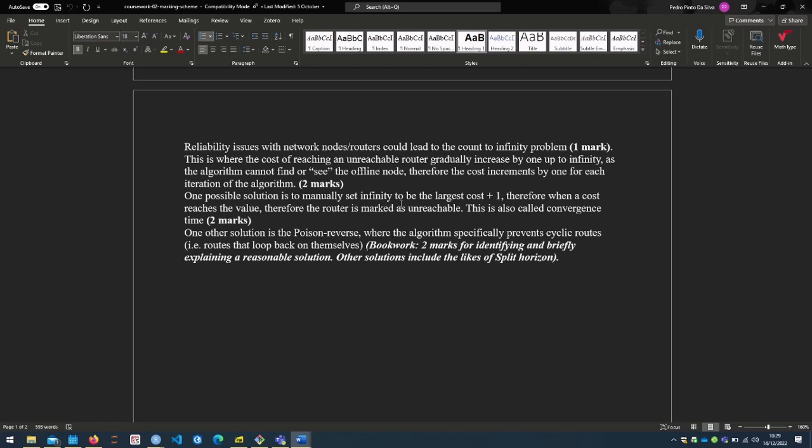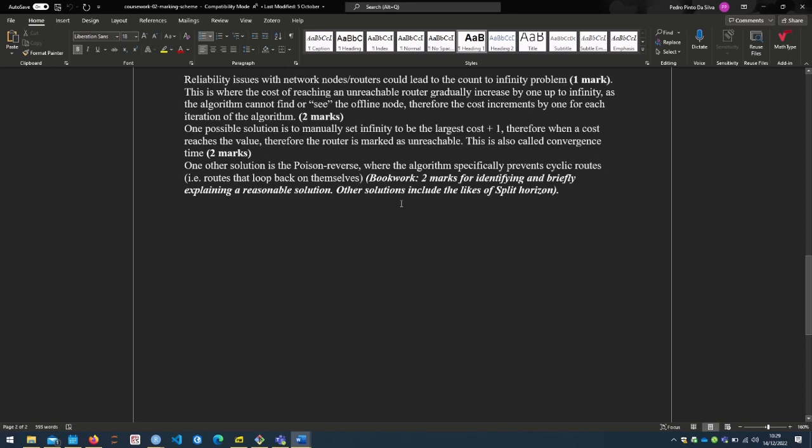And so when that gets incremented to that value, the router is marked as unreachable. This is related to convergence time, but you will have the opportunity to ask Ian more questions about this in the tutorial this afternoon.